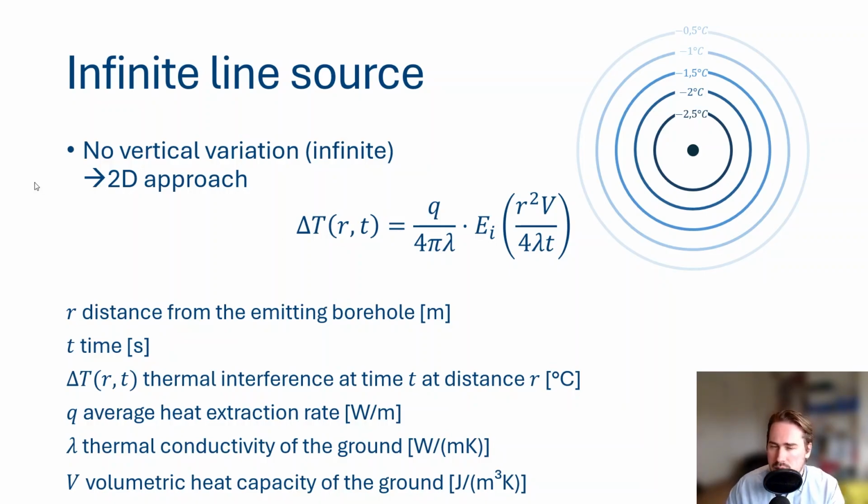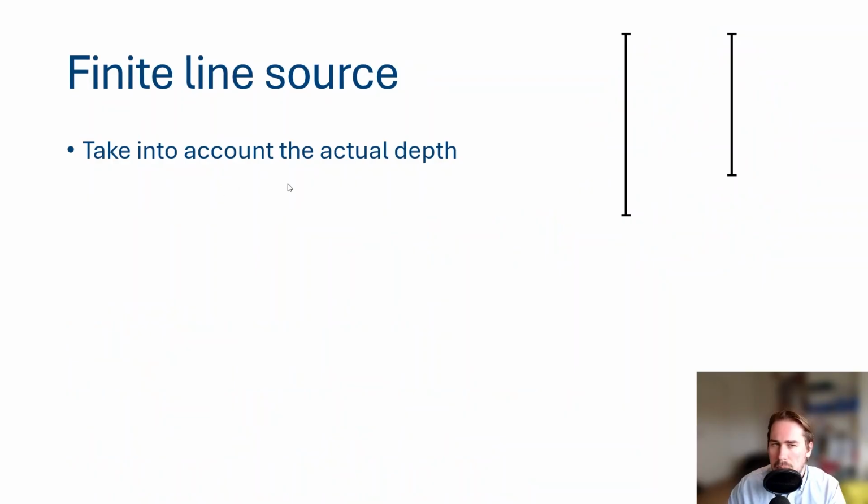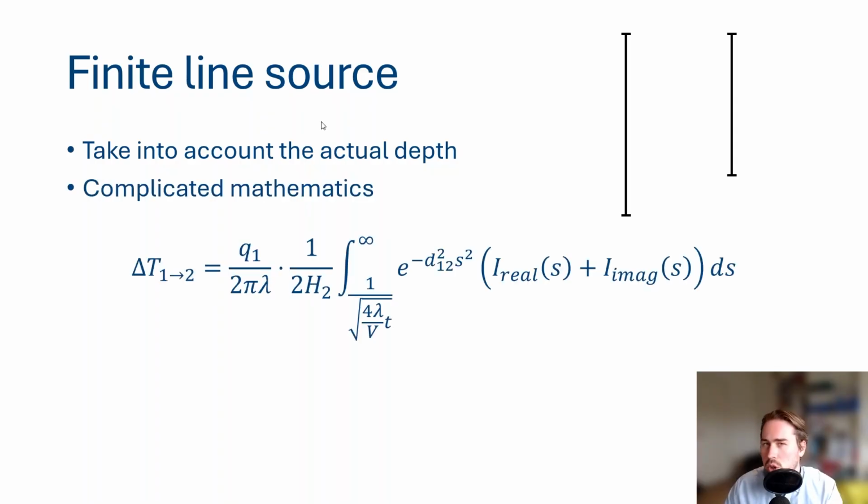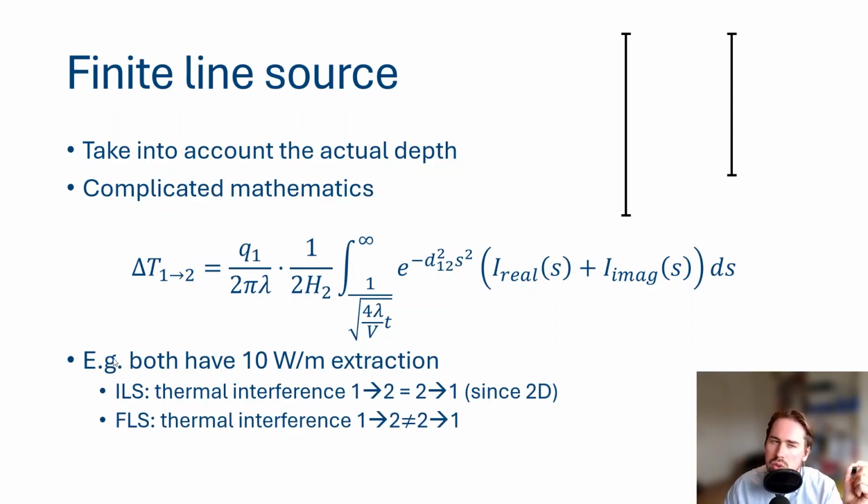Now for the finite line source, the story is a little bit different, because here imagine we have 2 boreholes and each of them has a different depth. And with this finite line source, we can actually take this into account. Now the equation is way more complicated. We will not discuss this, I promise. But I want to imagine the following with you.